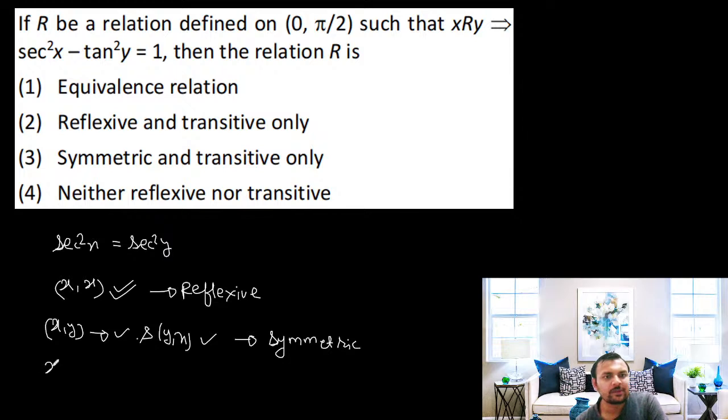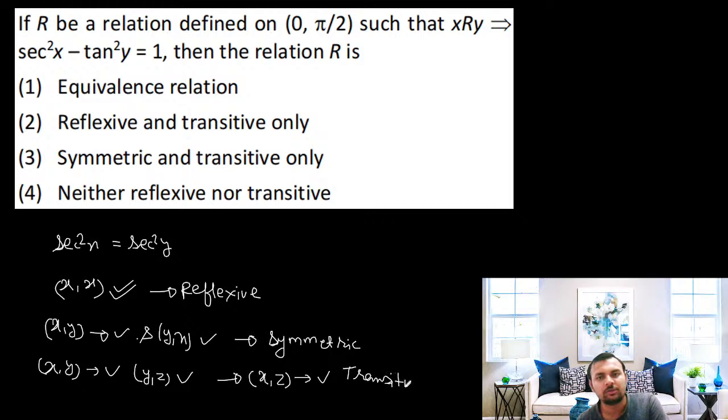If xy is correct, yz is correct, that means xz is also going to be correct. If it is 2n pi x, this is 2n pi plus x, so it will be valid. So it's transitive also. Equivalence relation, so option 1 is correct.